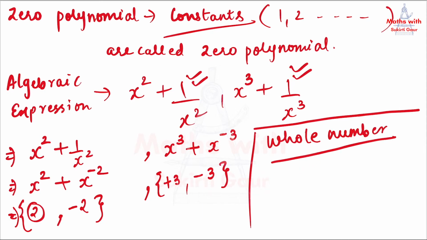So this you have to keep in mind, which algebraic expressions are polynomials and which are not. Similarly, if I talk about an algebraic expression like root x plus 1 upon x, will I consider it as a polynomial? No. Why?